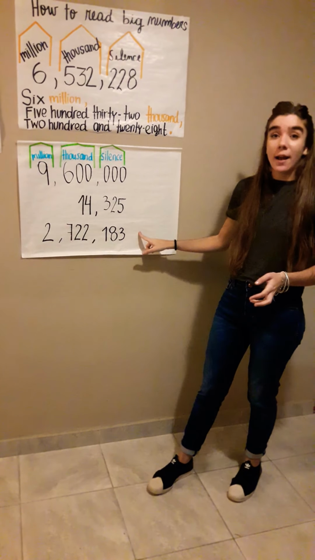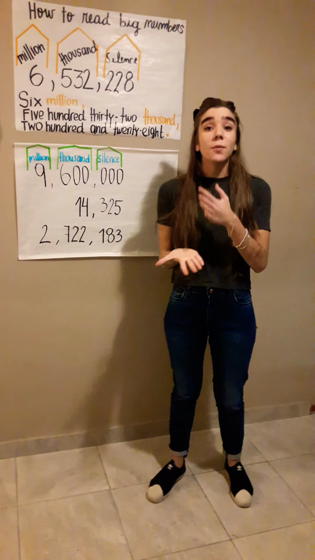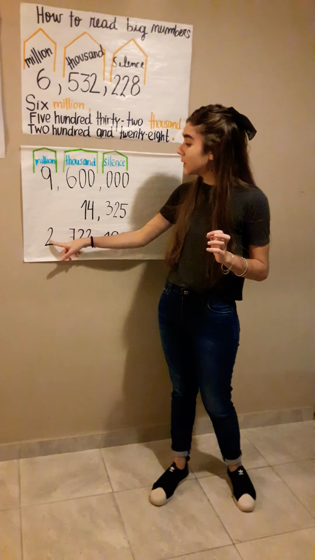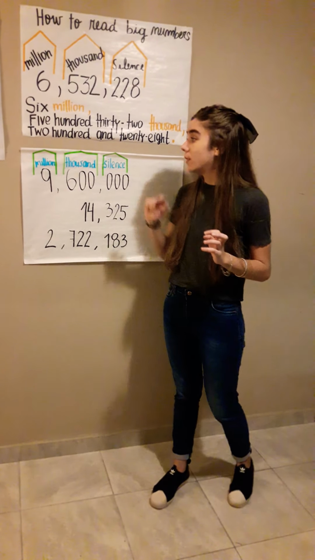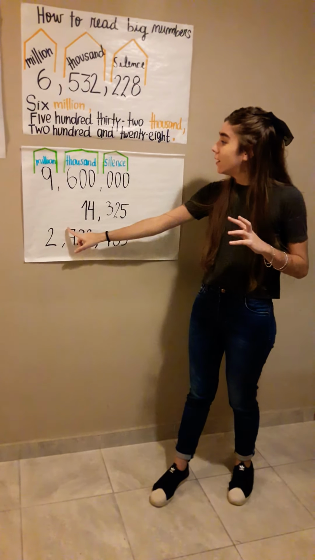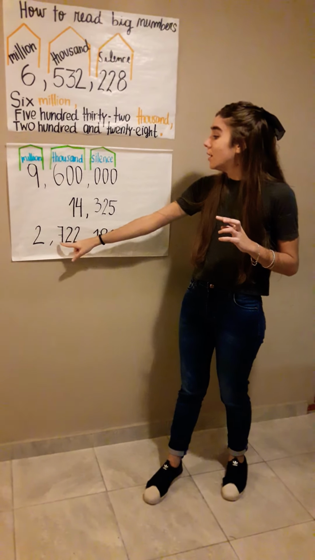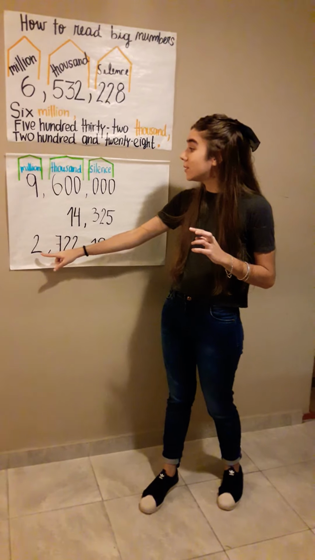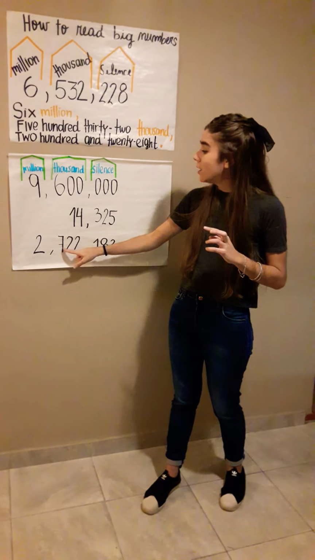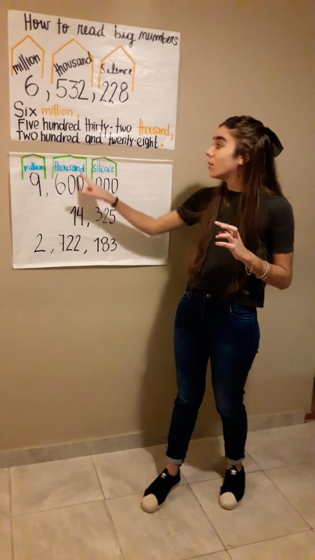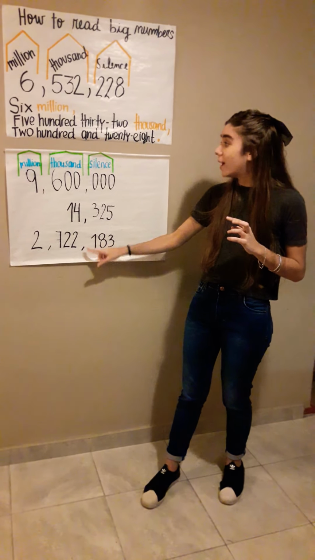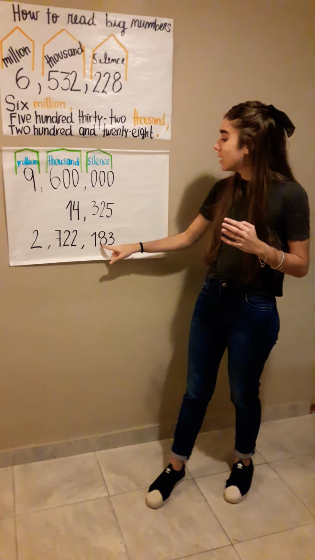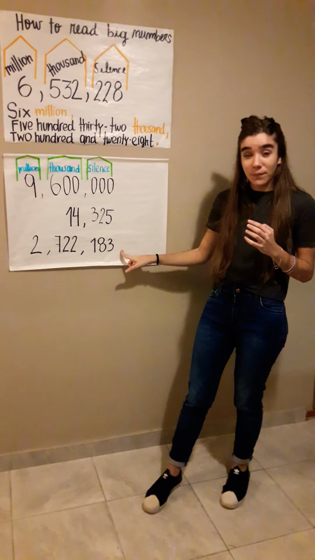Then, the last example. Here we have a long number. Yes? So let's start with the million house. Who is in the million house? Number 2. So we are going to say 2 million. So 2 million, who is in the 1,000 house? 722,000. So we are going to say 2,722,000, and let's read the silence house. 183.